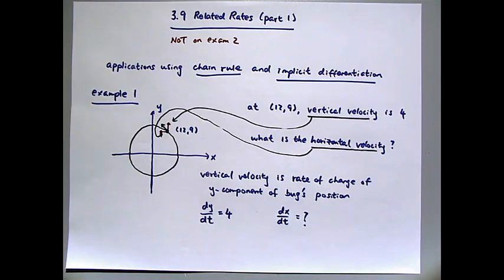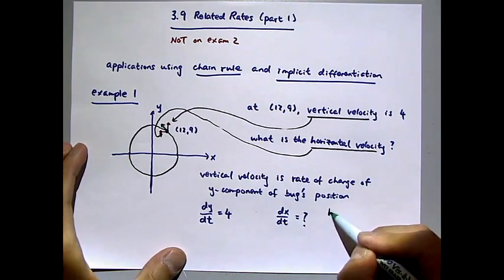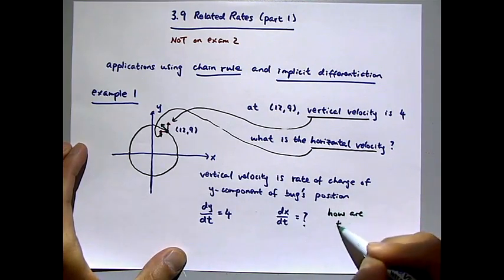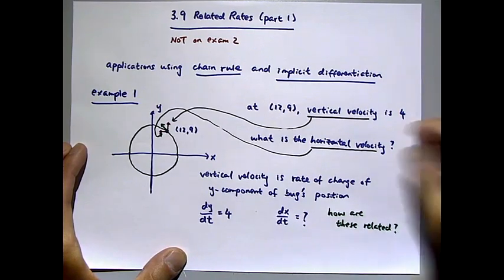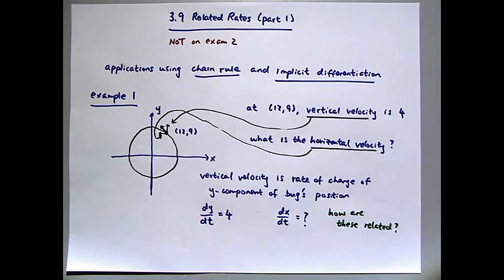We're trying to relate these two quantities. How is dy/dt related to dx/dt? And that's why these problems are called related rates. You know the rate of something, and you're trying to relate it to something else. We know dy/dt. We would like to relate it to dx/dt. Okay.